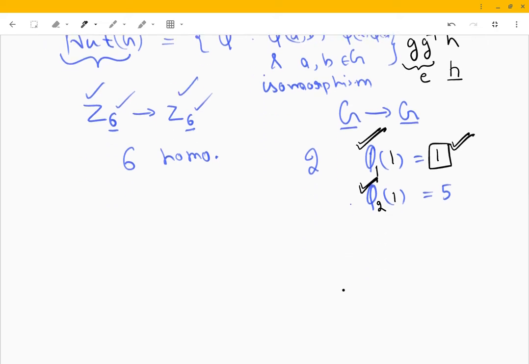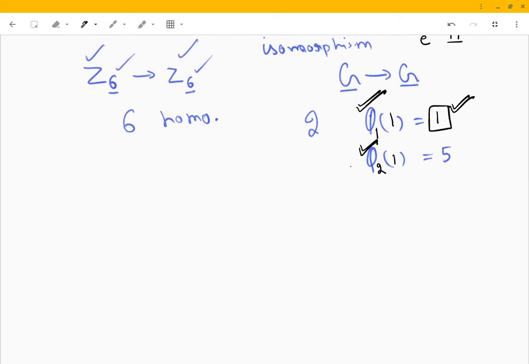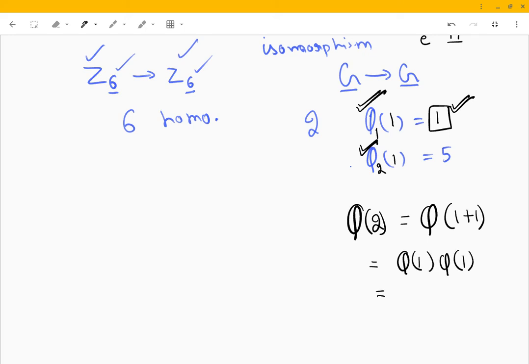Am I confusing? Let's do this. Okay, so phi1 is 1. What will be phi of 2? Phi of 1 plus 1. And by the definition of homomorphism, this should be phi of 1 plus phi of 1, which is 1 plus 1, and the operation is plus because the other group is also Z6, same operation.